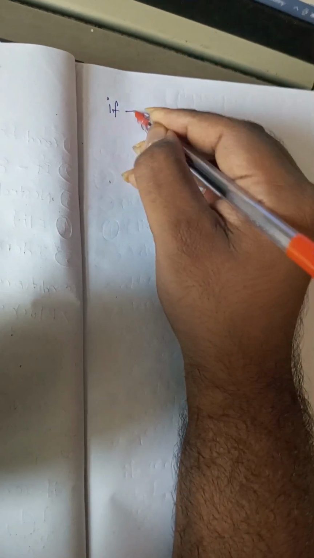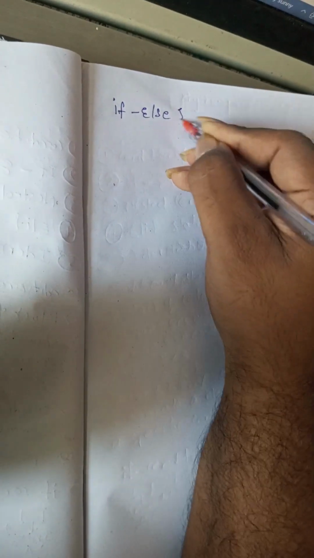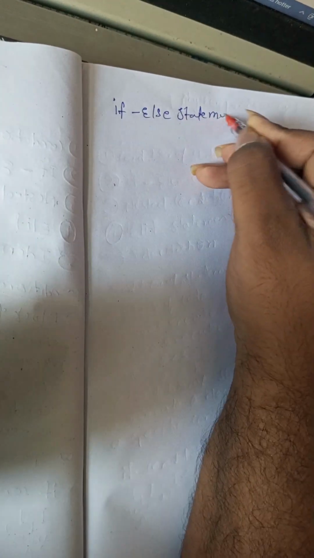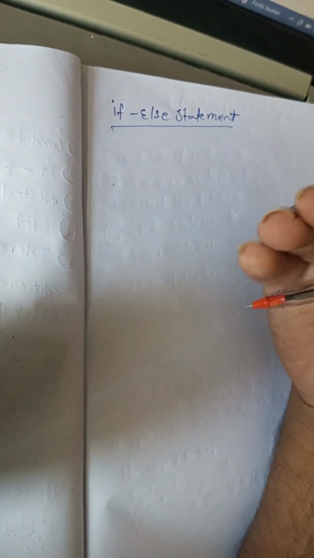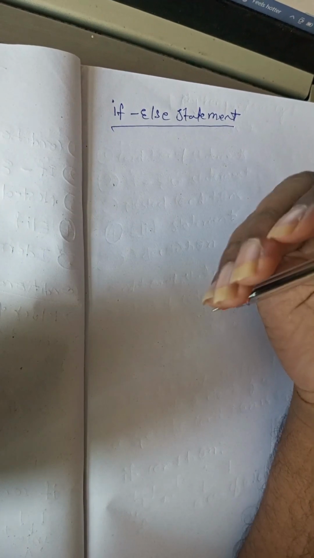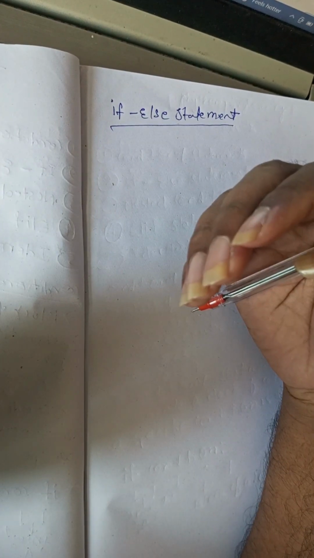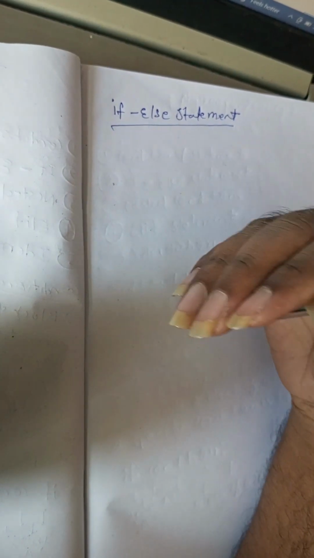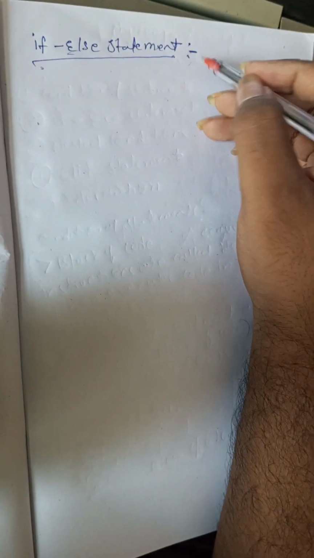Next coming to if-else statement. When the if-else condition is used, the else block of code executes if the condition is false. Okay, what is if-else statement?